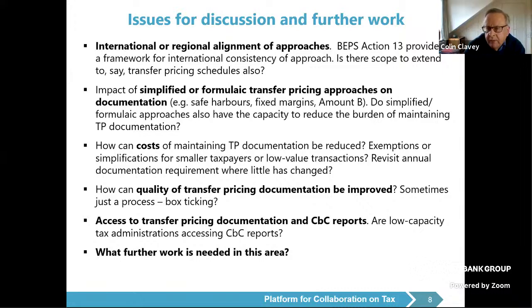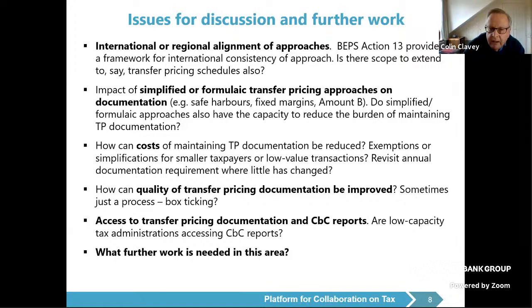For example, a safe harbor might specify a method, it might specify a margin. And if that's the case, transfer pricing documentation may not need to include documentation of the selection of the most appropriate method or documentation of the benchmarking exercise used to test or establish the transfer pricing margin.